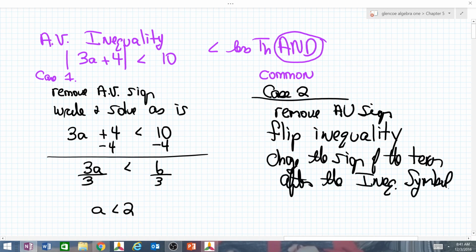So, there are 3 things you need to do in case 2. Number 1, remove the absolute value symbol. Number 2, flip the inequality symbol. And number 3, change the sign of the term.